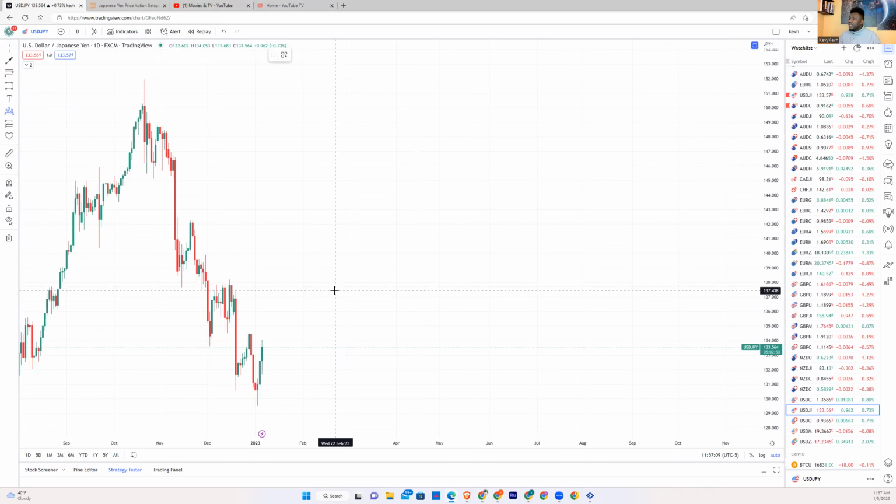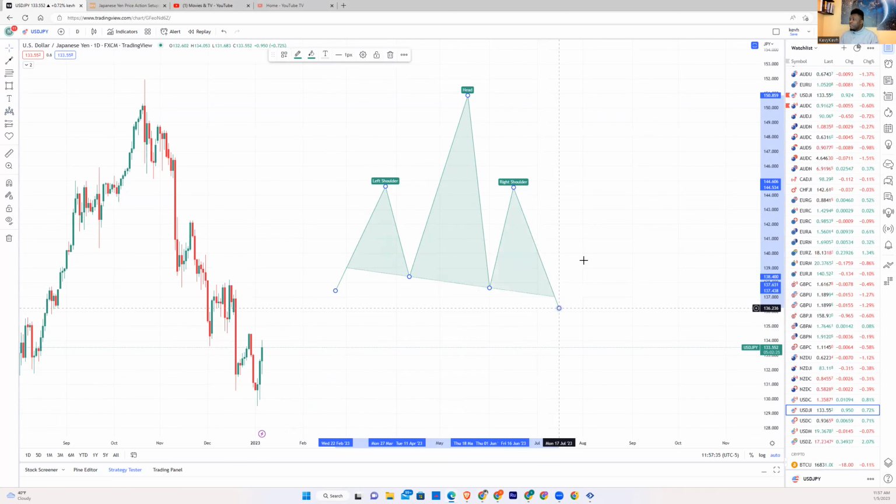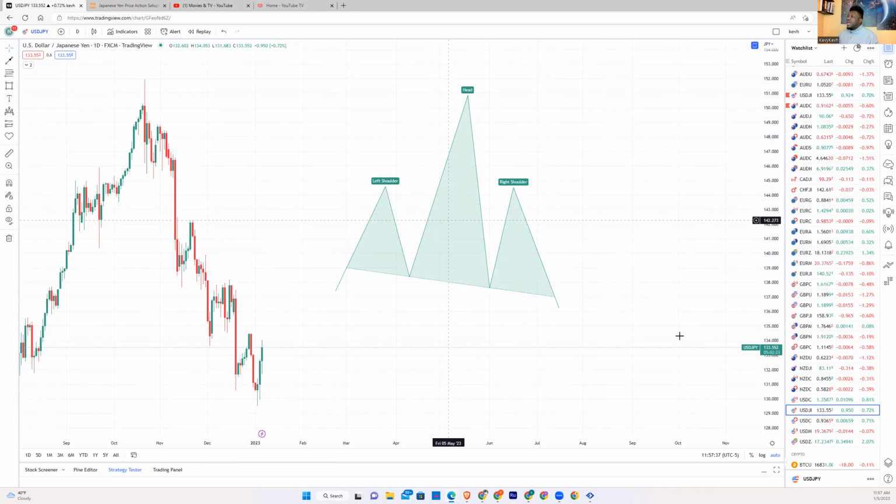The head and shoulders pattern usually forms something like this. The market will just do its thing. It doesn't have to even be equal, but it just does its thing. Okay, this is a head and shoulders pattern.